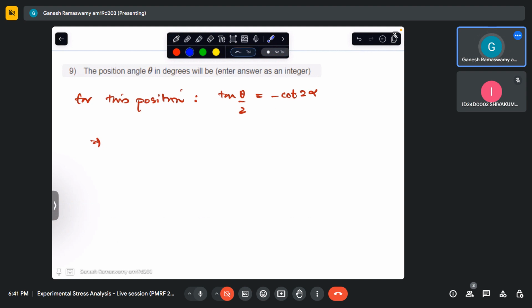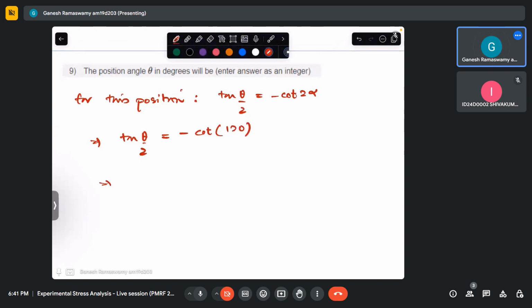So this gives me tan theta by 2 is equal to minus cot 2 alpha. So I know that 2 alpha is 120, so this gives me alpha is 60. So this gives me cot 120.